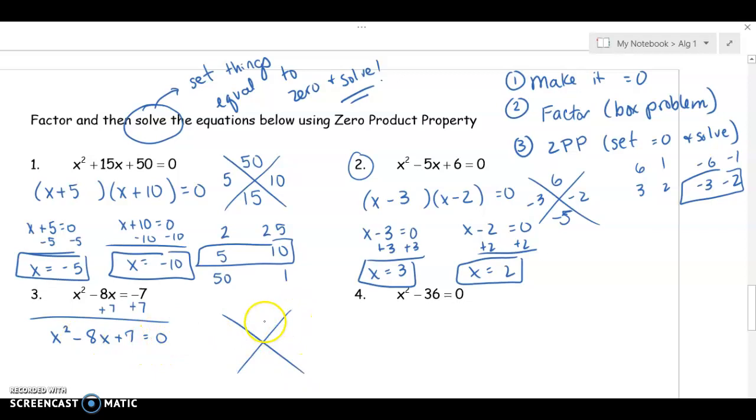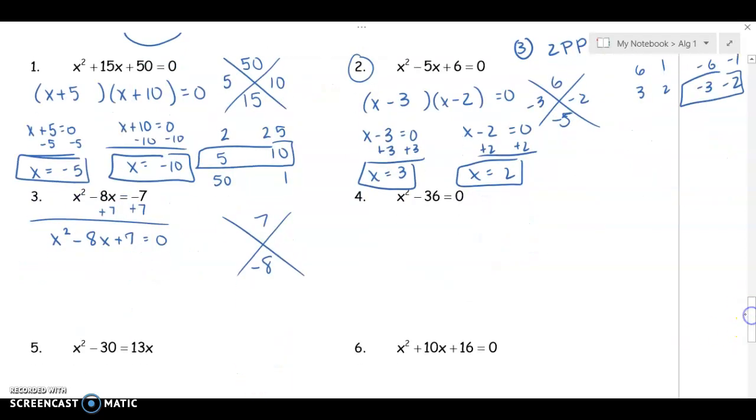So it's got to multiply to be the last number and add to be the middle number. It's got to add to be a negative, so I don't want to just use 7 and 1. I'm going to do negative 7 and negative 1. Those will add up to be negative 8. So I'm going to make my two sets of parentheses, put the x at the beginning of both, and put a minus 7 here and a minus 1 here.